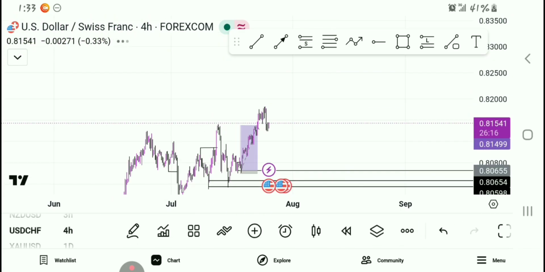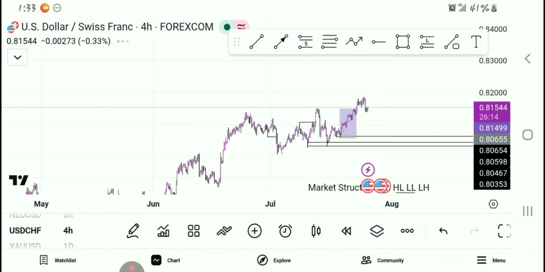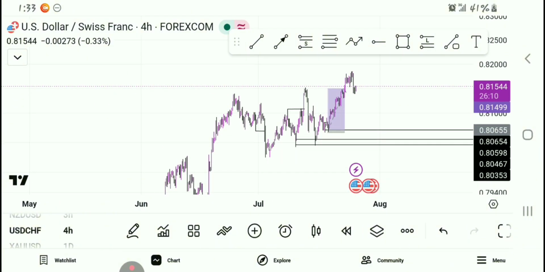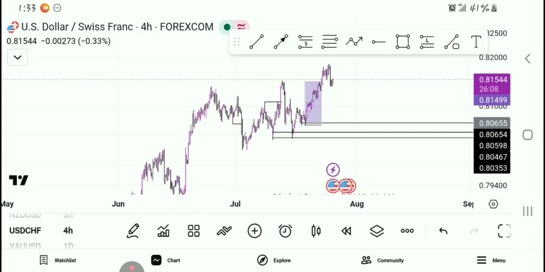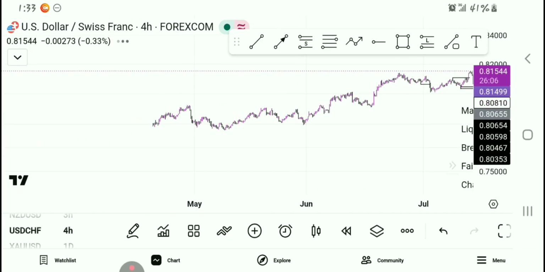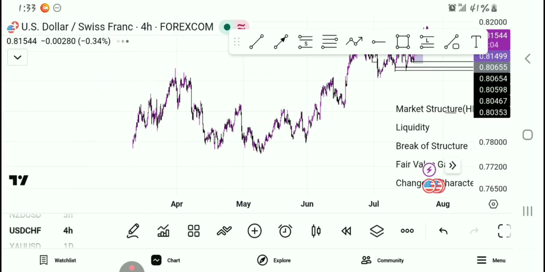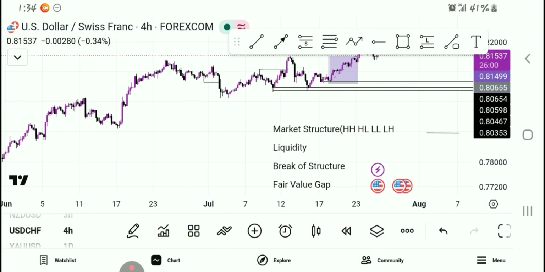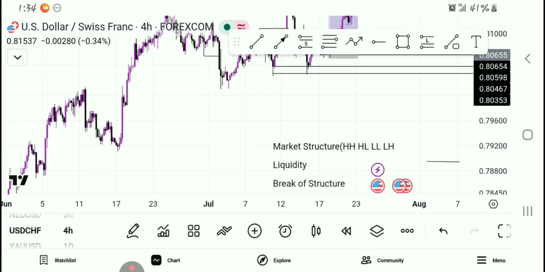Here we are on the US Swiss franc, which is USD CHF. We are going to look at this chart and mark it out and know what our trend actually is. Full chart, sorry.